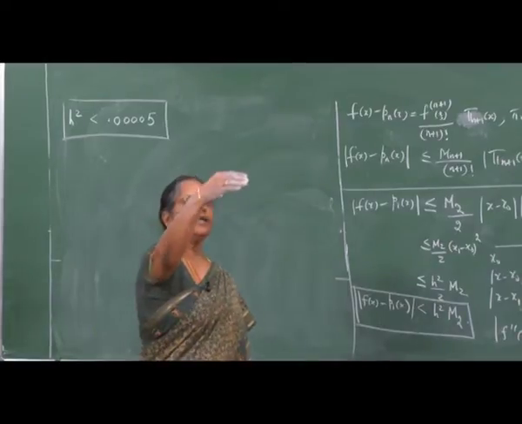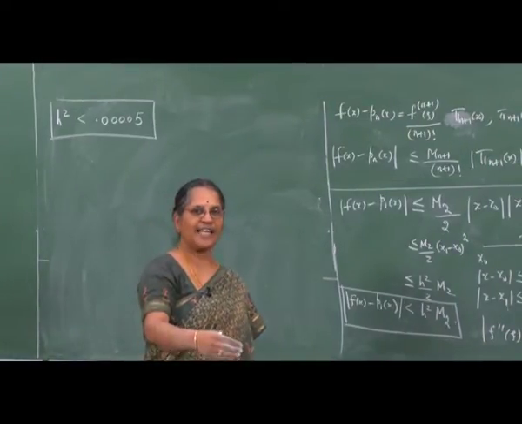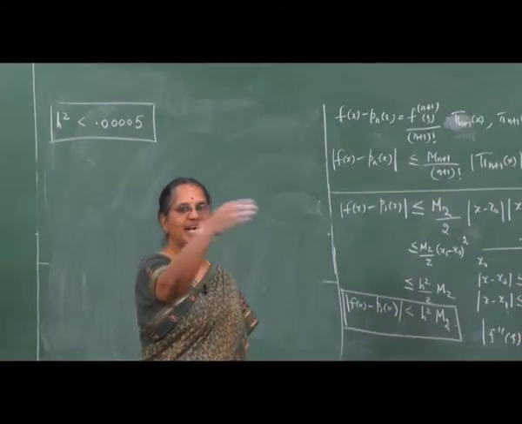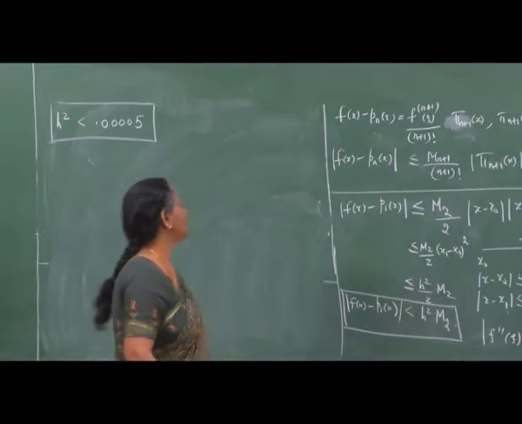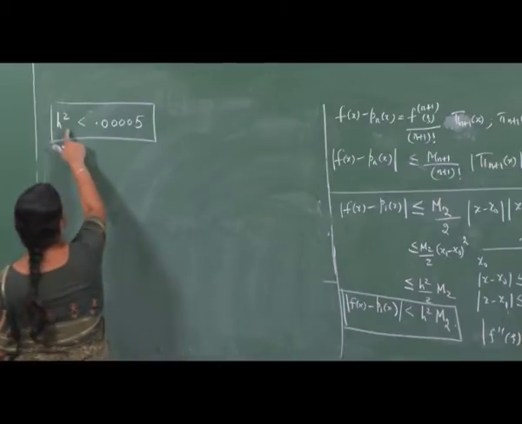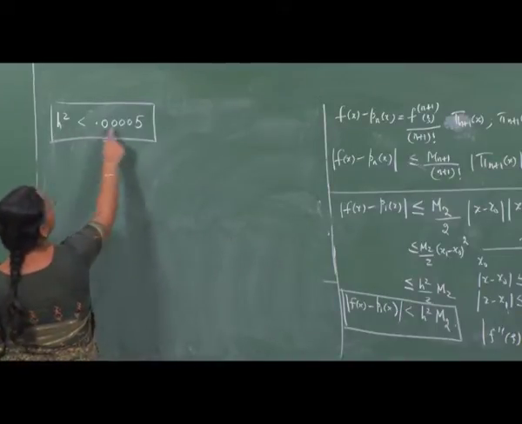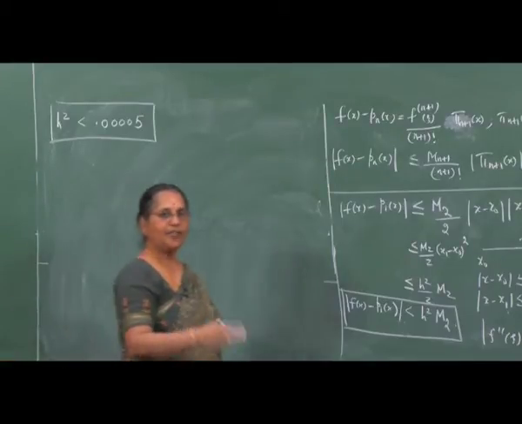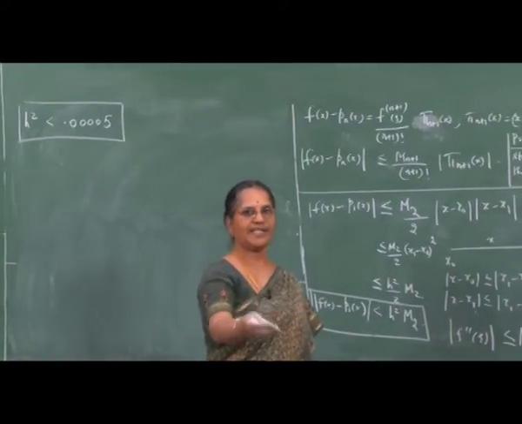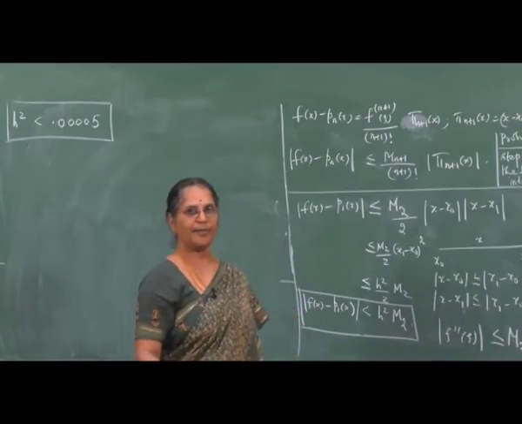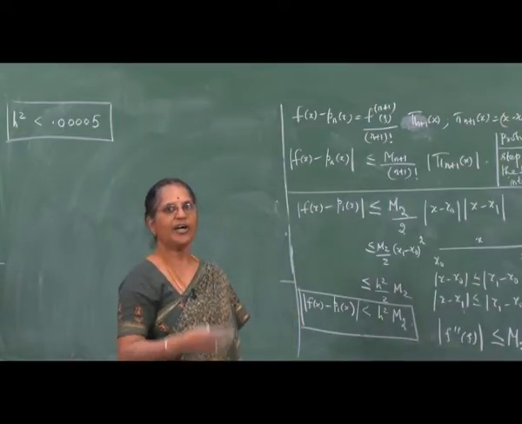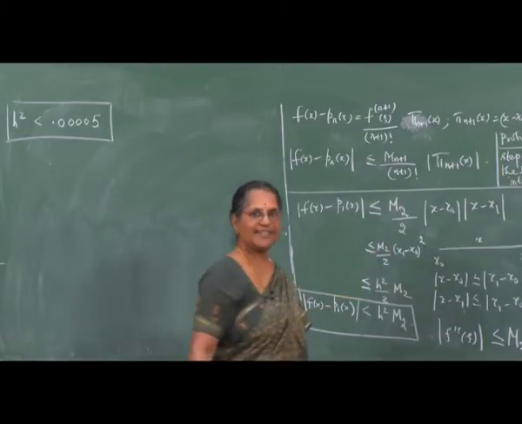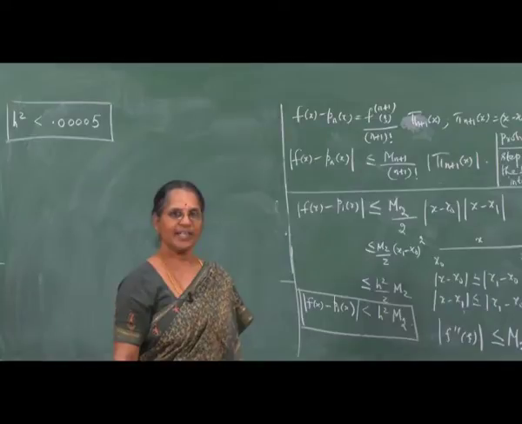So, in the table of values of sin x, you consider points which are spaced at an interval of h units, where h square is less than this. Then, if you approximate sin x by means of a linear interpolation polynomial, your result will be correct to 4 decimal places. That is what the conclusion is.